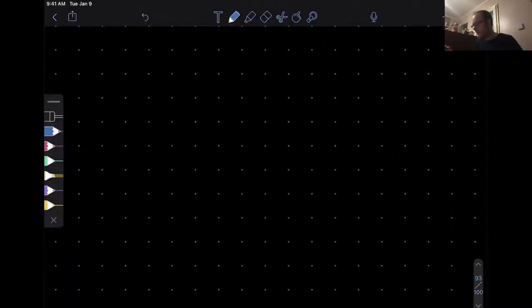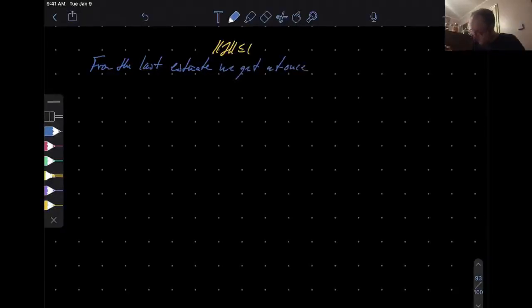complete. So from the last estimate, which is that the operator norm of J is at most equal to 1, we get at once that the norm of J of X is less than or equal to the norm of X in X space, right?